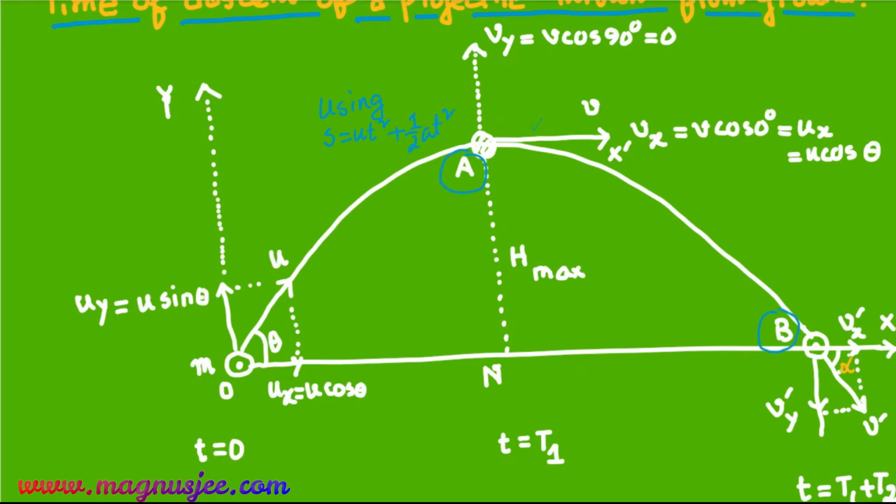At the highest point, using the equation s equal ut plus half at square between the 2 points A and B, the displacement s will be h max in vertically downward direction, and now initial velocity u will be minus Vy. So now in place of u, we have to write minus Vy.